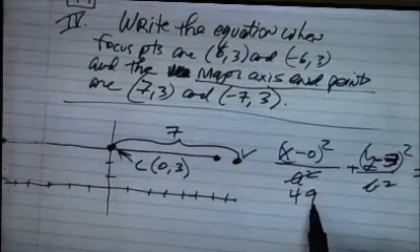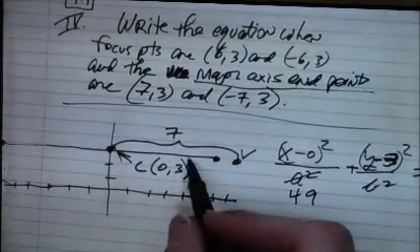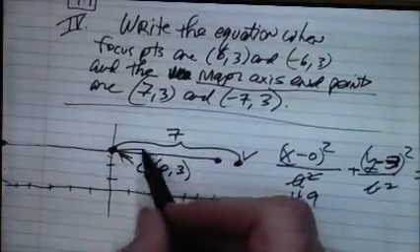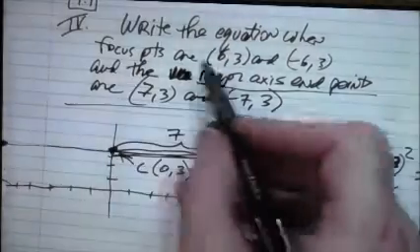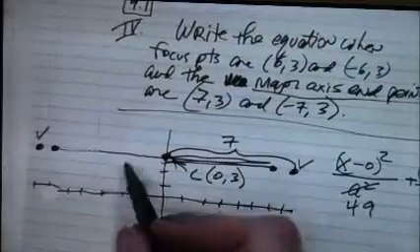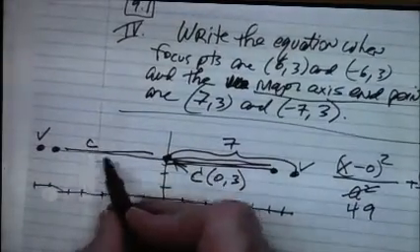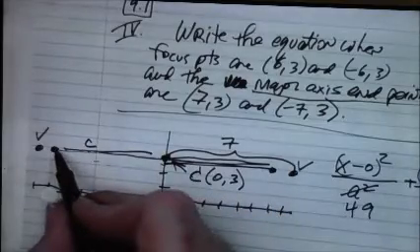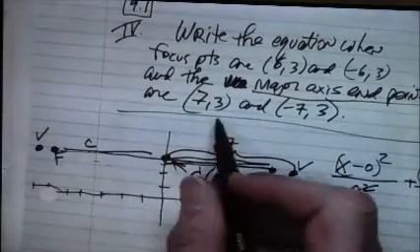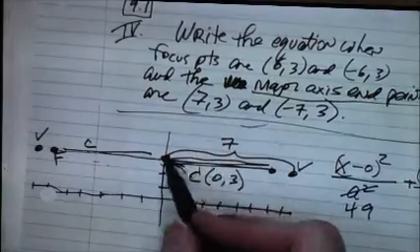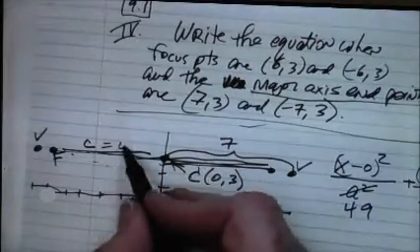And for that, we have enough information because of where the focus points are to figure out what c is. So this c is not for the center. This c is the distance from here out to the focus point. And we already know that that's going to be going 6 and going 6. So that means c is equal to 6.